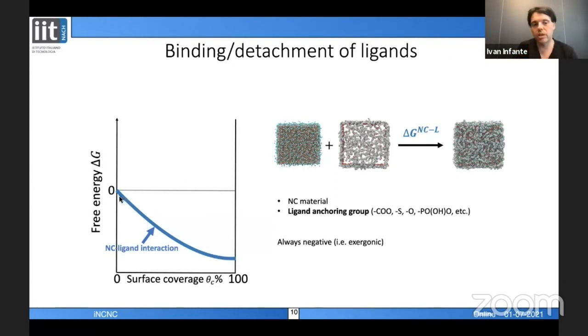So we can imagine that it has a linear component and then reaches a plateau. This is an intuitive way of addressing the binding. These lines are intuitive, not computed, because we still have to do the calculation on this system. So we expect that they behave like this. This is the nanocrystal to ligand interaction.